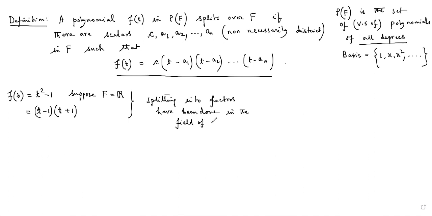And if I try to correlate this particular example with the definition given, here c is 1, a1 is 1, a2 is minus 1. So if I want to write it the way the definition has been written, we can write it as 1 into (t - 1) into (t + 1).